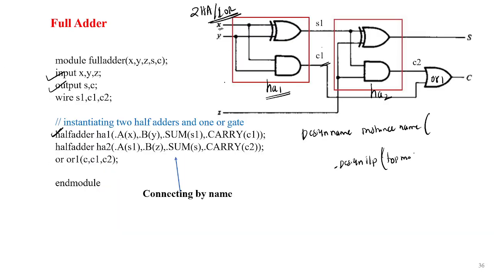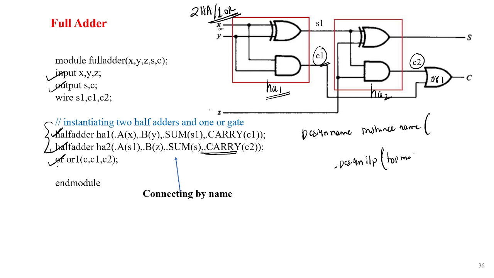Comma, sum is my design output, S is my output, comma, dot carry, and C2 will get. Similarly, by using gate level modeling I am writing OR, and gate level instance is R1, C comma, C2 comma, and one more input, this input C1 and C2. So this is nothing but connection by name.